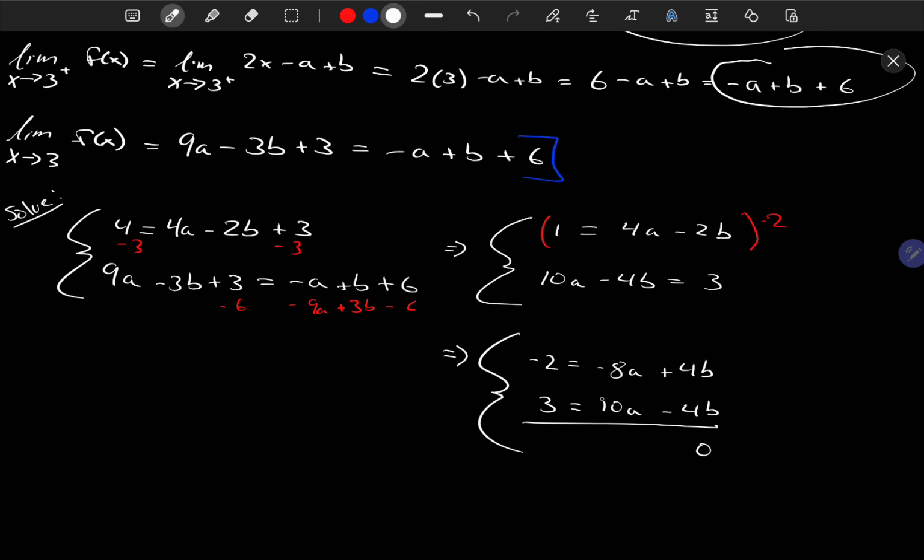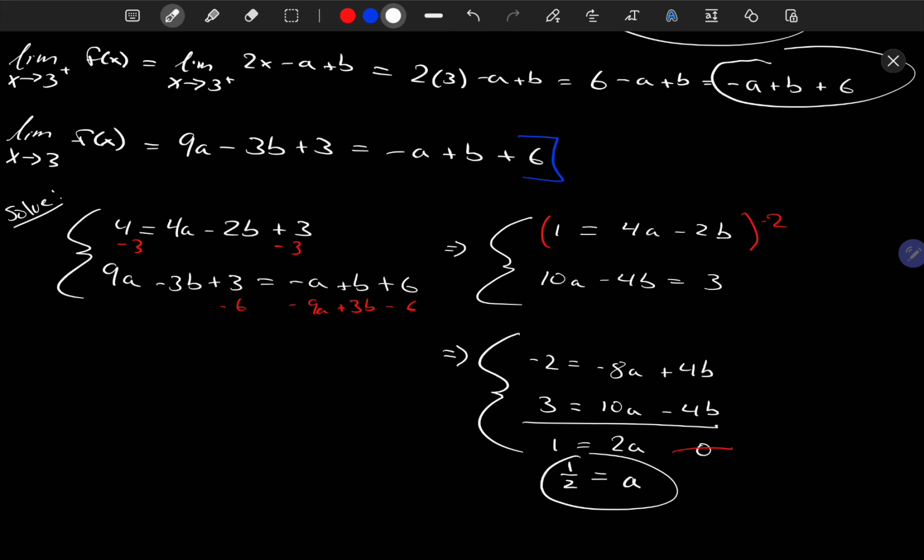Negative 8 plus 10 equals 2a. And negative 2 plus 3 is 1. So my a equals 1/2.